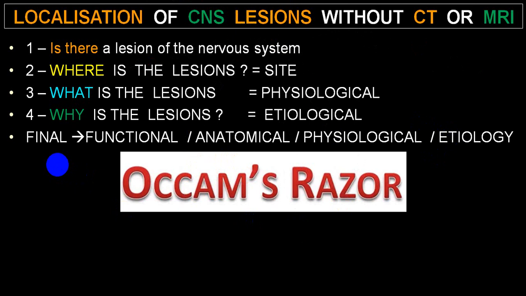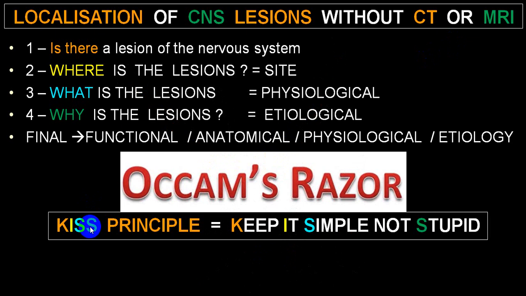This you can do even without CT, MRI, or CSF examination, and that is what is needed by any person. There was one person who described Occam's razor; after doing all this, he mentions the KISS principle. K is for keep, I for it, S for simple, and not stupid.